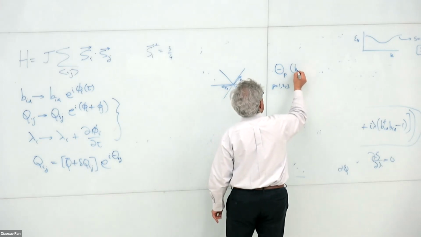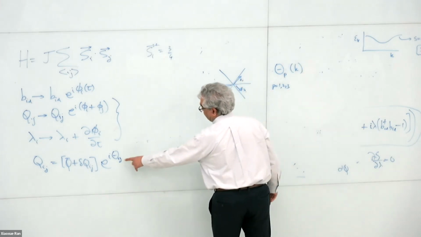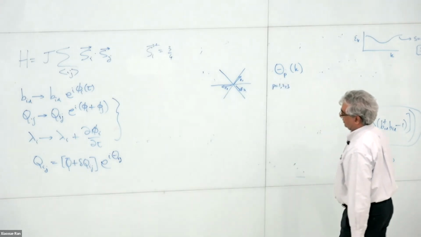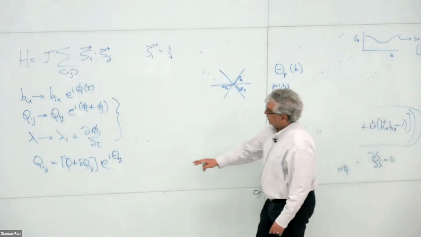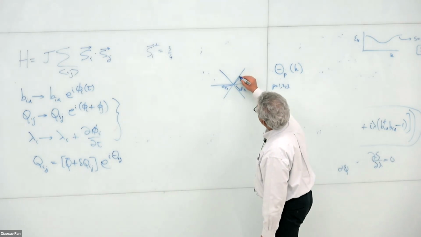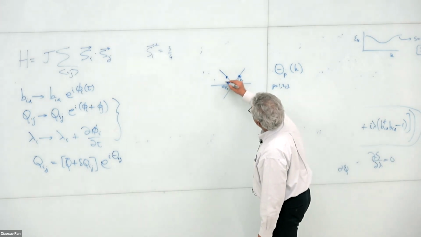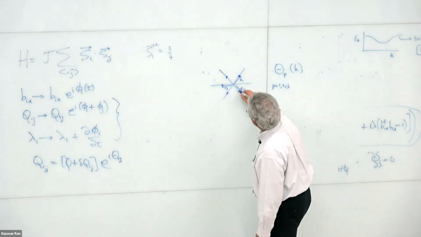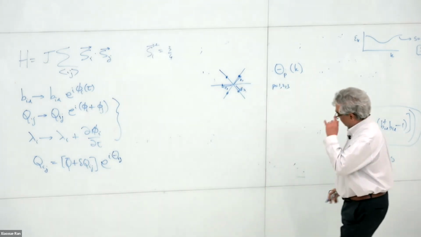I'll take the Fourier transform of it rather than writing in real space variables. I'm going to put this theta at the center of the bond. Okay, so the theta lives over there, and with the Fourier transform, I'll get 3 of them.